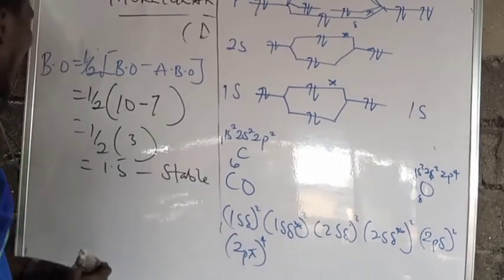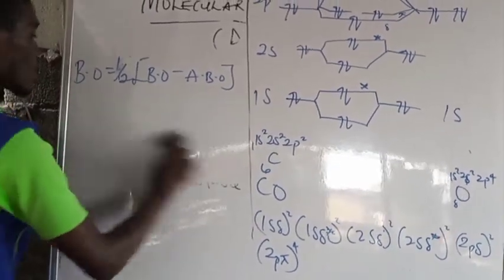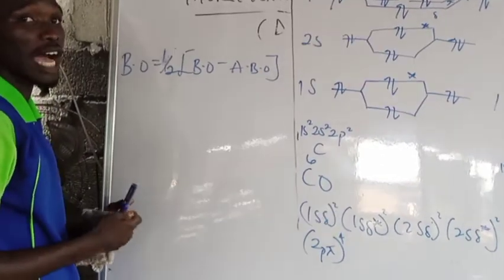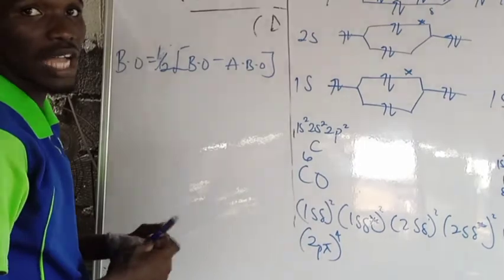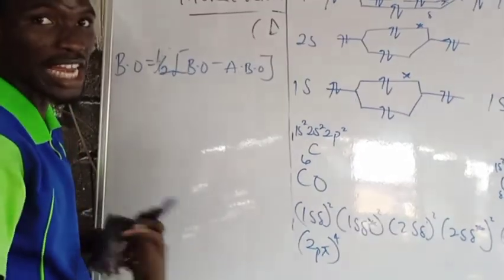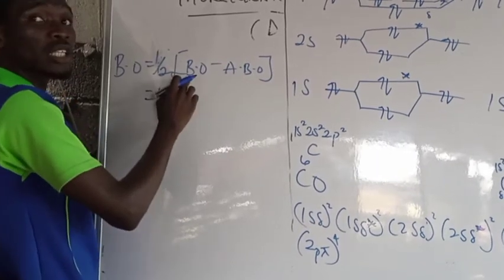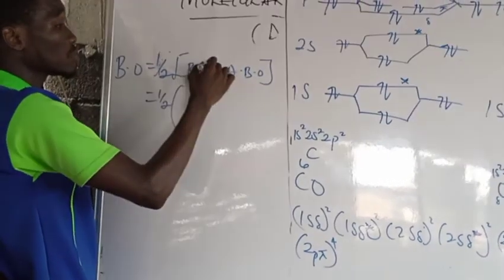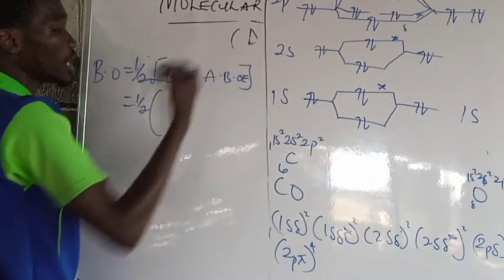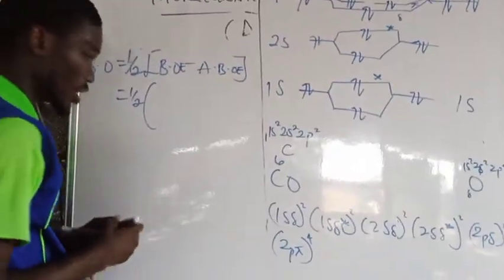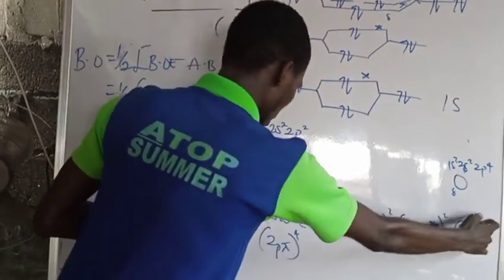With this, we can now use the formula we have here: bond order is equal to half of the bonding electrons minus the antibonding electrons. So for the bonding electrons, the ones without an asterisk, 2, 4, 6, we have 10.